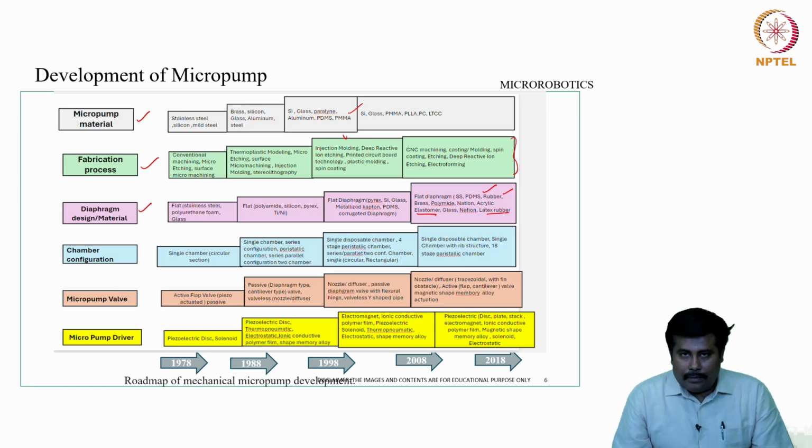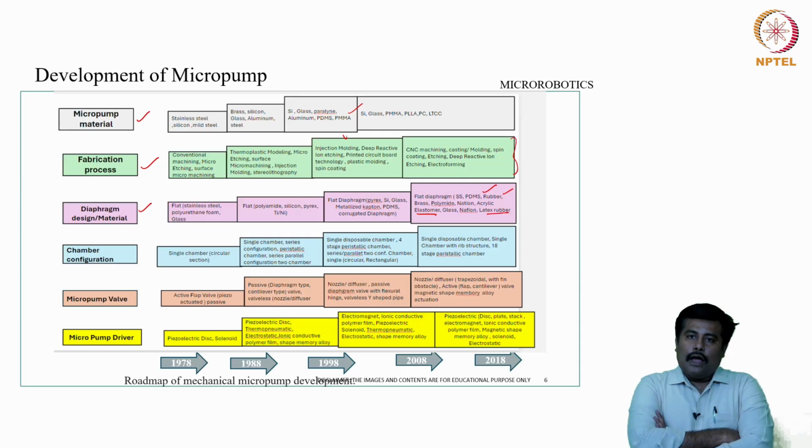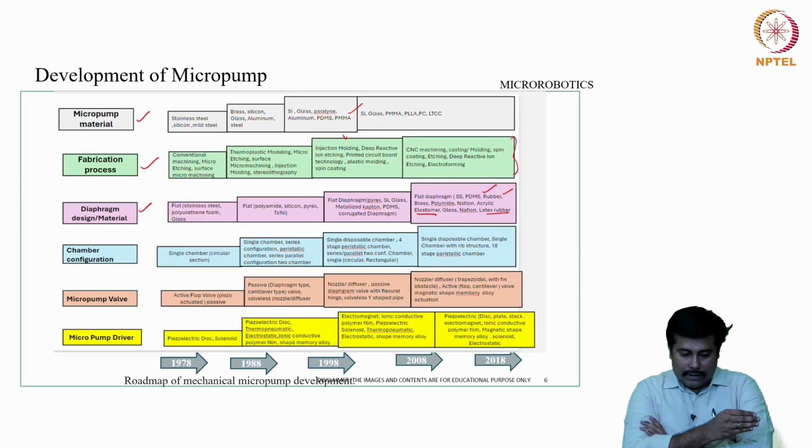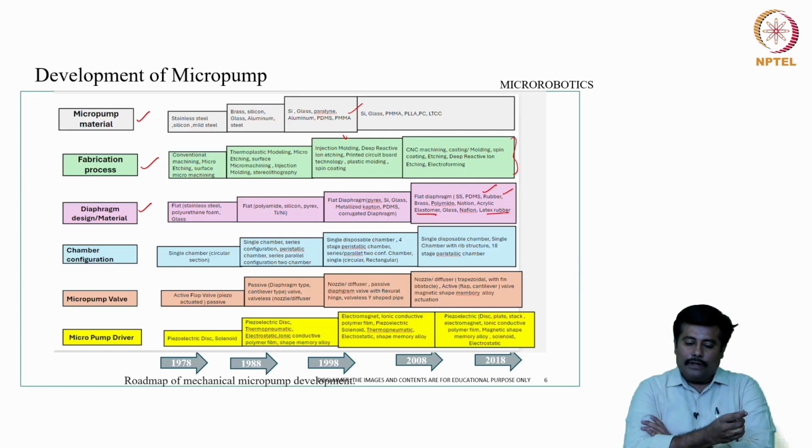Now, let us discuss the chamber configuration. From the chamber configuration point of view, we have a single chamber with a circular section, and then we have a single chamber with series configurations, which includes a peristaltic chamber and series parallel chamber configurations.